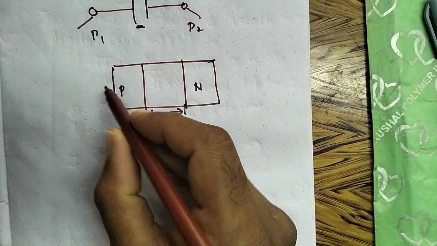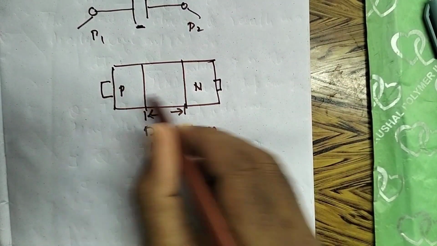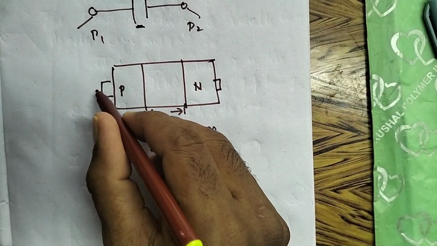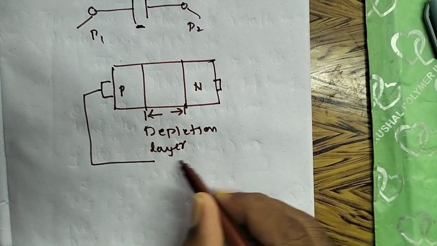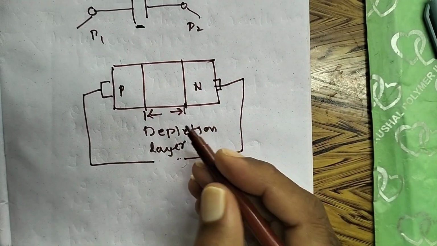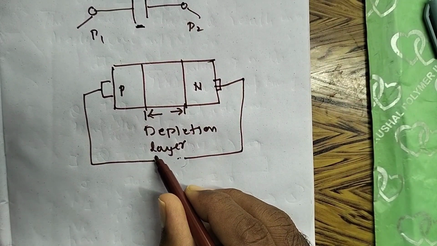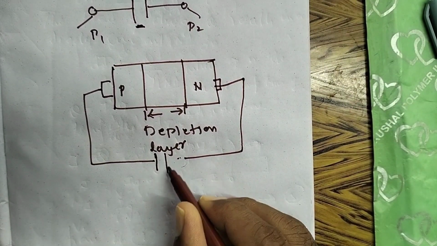Hope you understand. Now between these both materials we connect a supply like this, which is reverse bias.